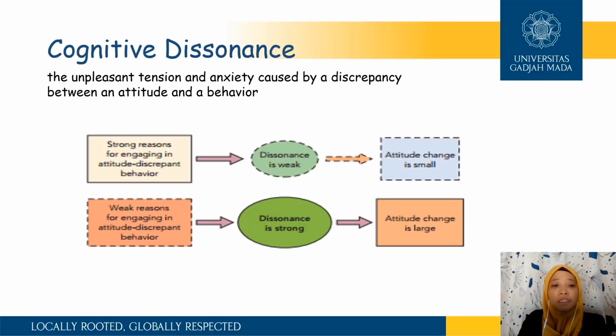When you have strong reasons for engaging in attitude-discrepant behavior, then your dissonance is weak, then there is no attitude change. So for example, in that jogging example, if there's one morning you woke up very early in the morning and you were getting ready for your morning jogging, and then suddenly someone who is really important to you called you asking for help for something, and that stopped you from doing your routine jog that morning.